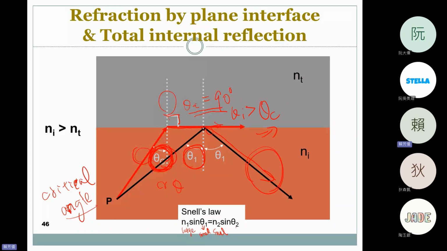This is what we call total internal reflection. This situation can only happen when the light travels from the material with large refractive index to the material with small refractive index.